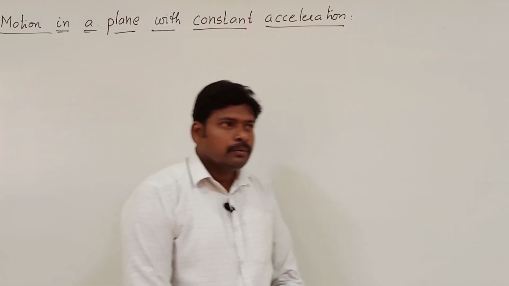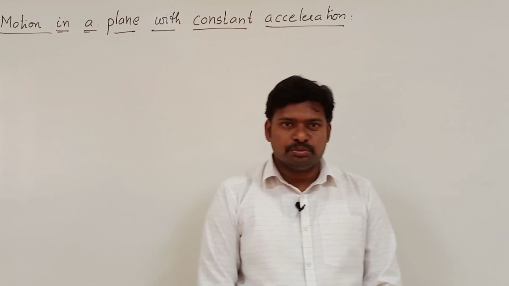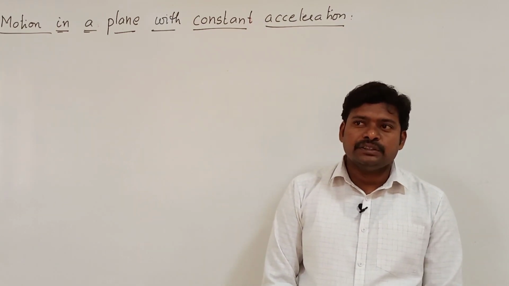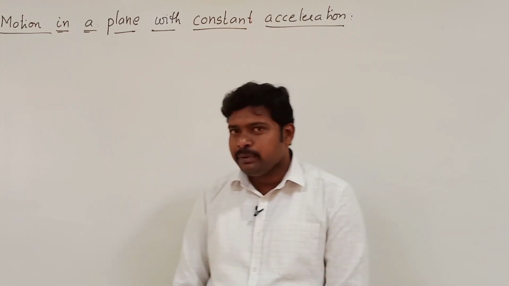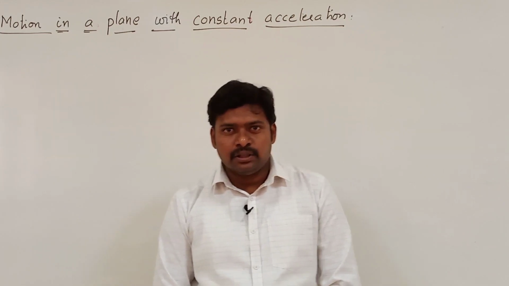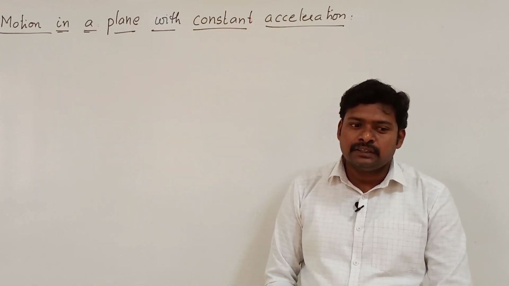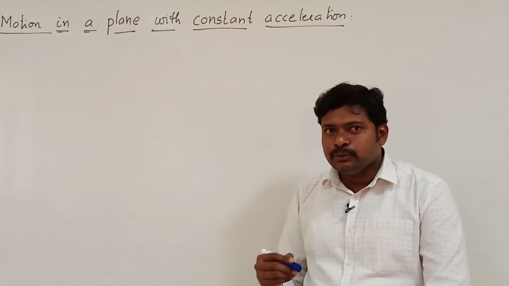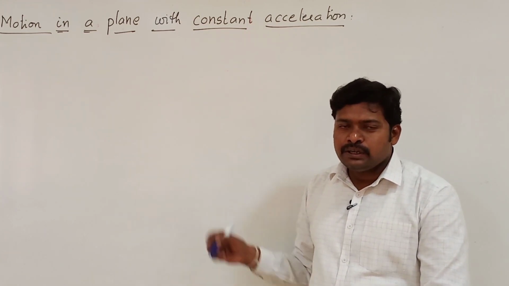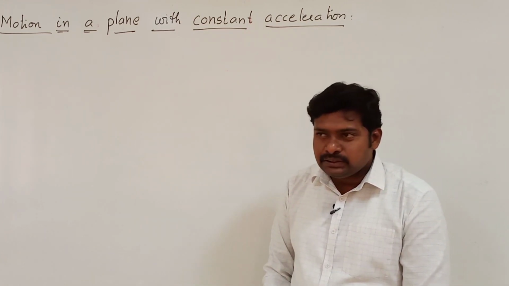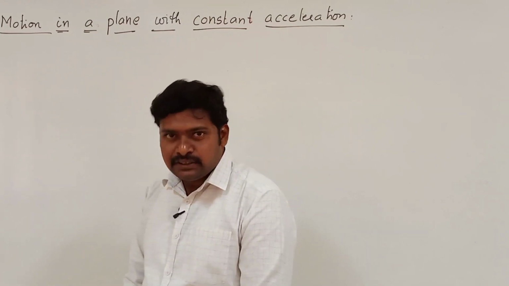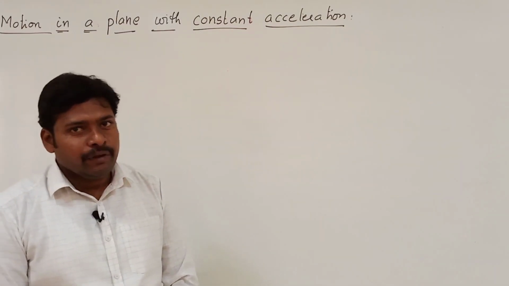Now, motion in a plane of an object with constant acceleration. What is meant by a constant acceleration? Throughout its journey, the value remains almost constant, which means the average acceleration is also a constant value.